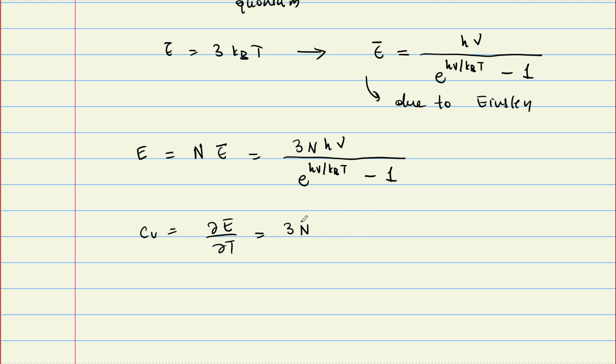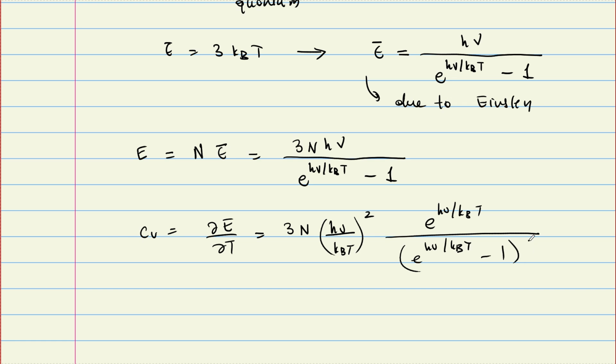You need to take the derivative of the numerator and the derivative of the denominator, and then you combine all the factors. What you're going to find is something like this: h nu over kBT squared, e to the h nu over kBT, divided by e to the h nu over kBT minus 1, squared.